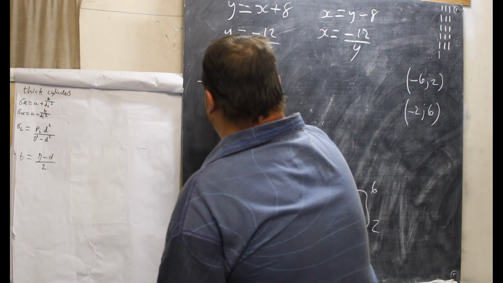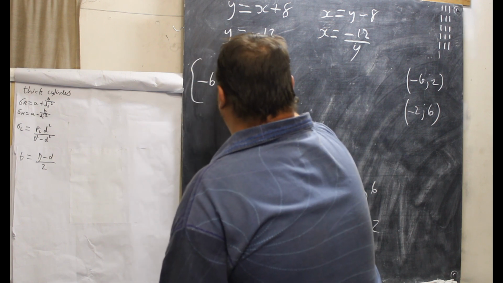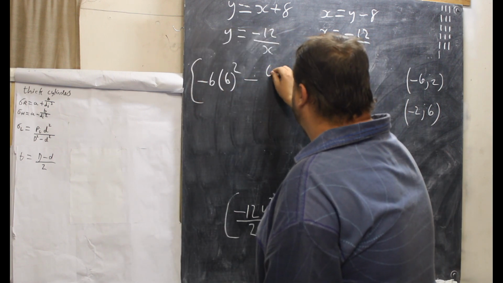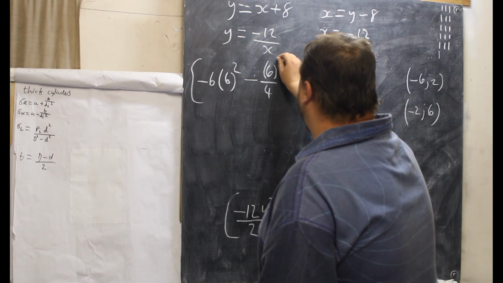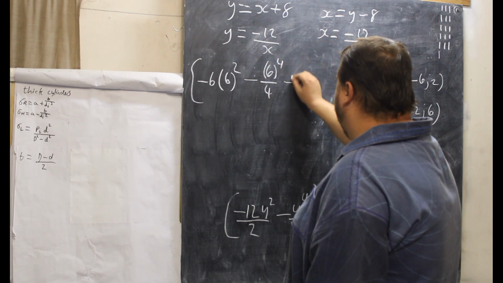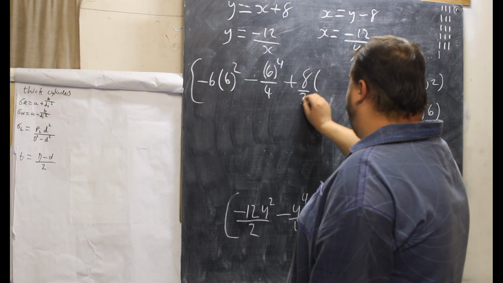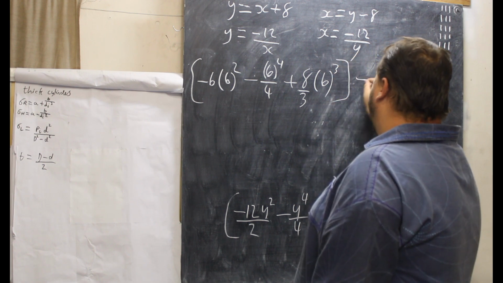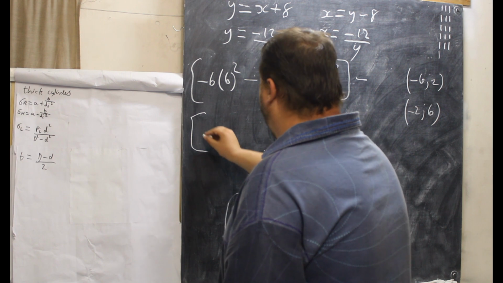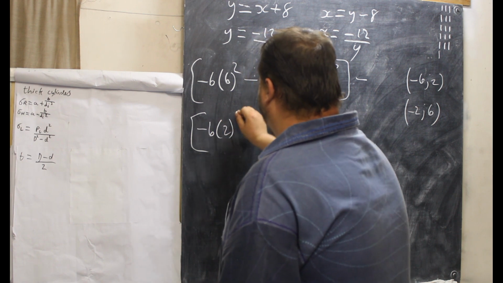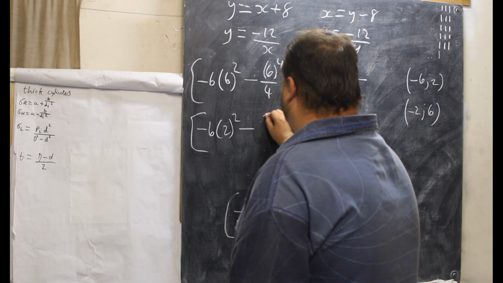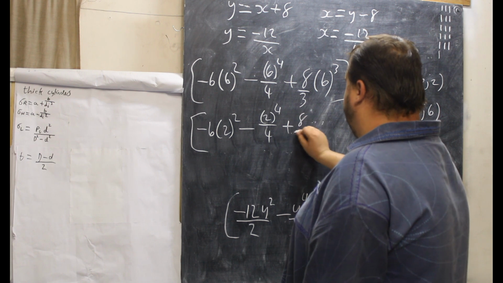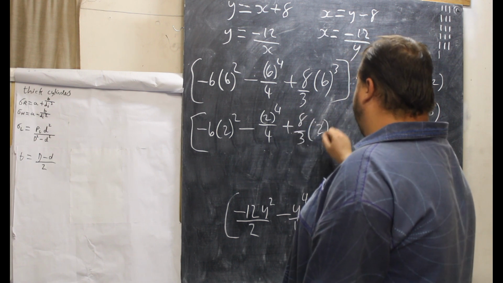Minus 12 over 2 is minus 6 times 6 squared, minus 6 to the power 4 over 4, plus 8 over 3 times 6 to the power 3, minus, in a bracket, minus 6 times 2 squared minus 2 to the power 4 over 4 plus 8 over 3 times 2 cubed.